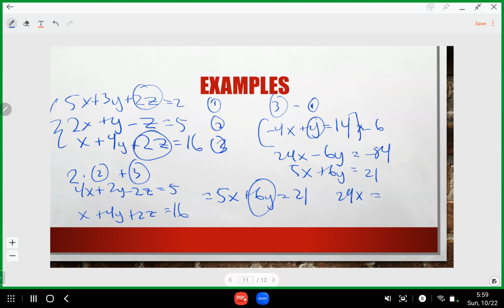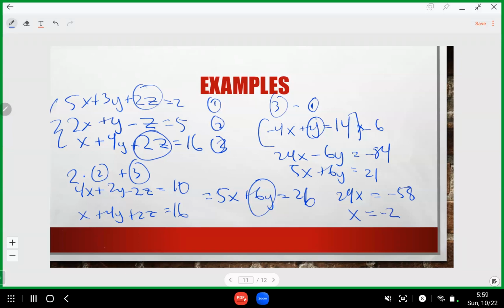And then the next thing we did was multiply 2 times 2 plus the 3 to get our second equation. So, oh, yeah, that's where I went wrong. This is 10. This is 26, actually. So yeah, this is negative 58 and x is equal to negative 2.